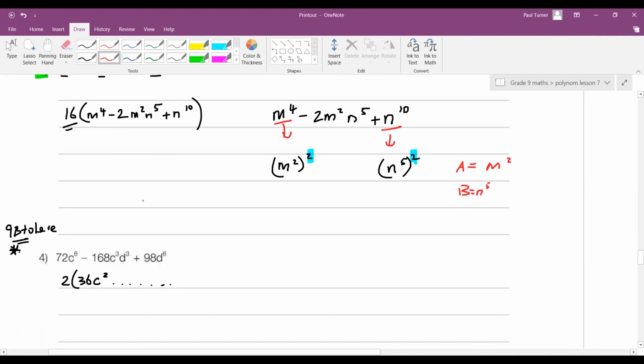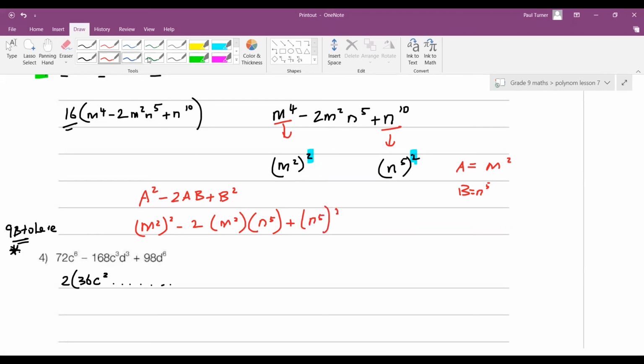So write your formula. We'll do it quickly. A squared minus 2AB plus B squared. So we've got (m^2) squared here, minus 2, A, which is m^2, B, which is n^5, and (n^5) squared, like that.